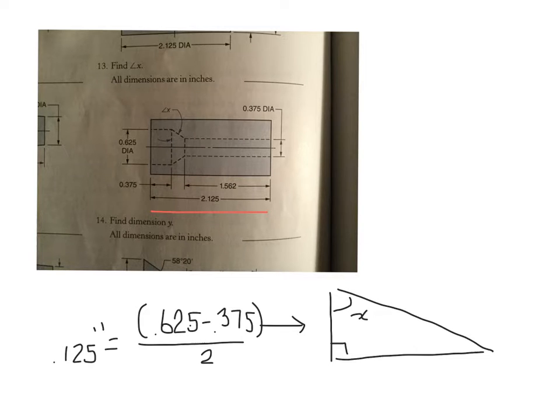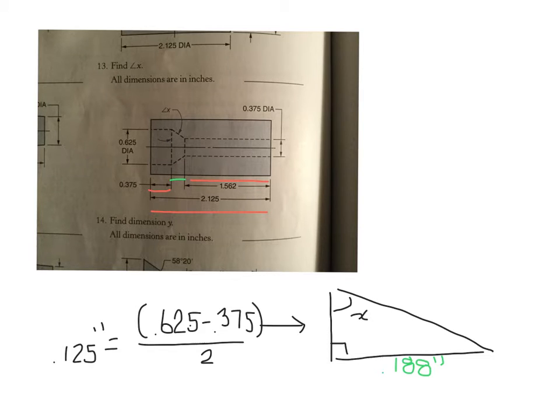So to find what remains in between here, which would represent that length of the side opposite of angle X, we're going to need to subtract our 1.562 and our 0.375 from the 2.125. And we find that that length of the side opposite of angle X would be equal to 0.188 inch.